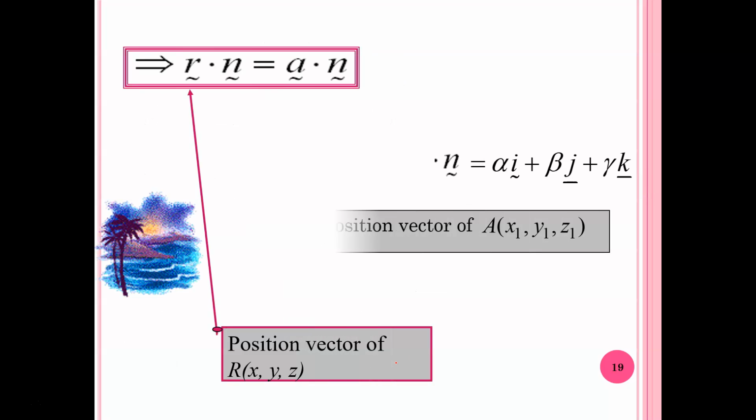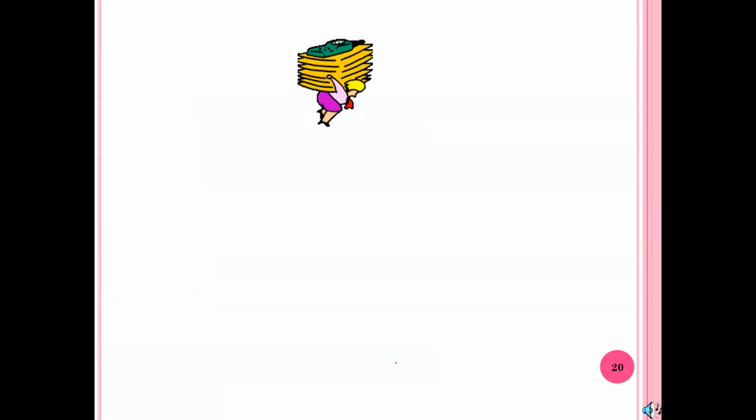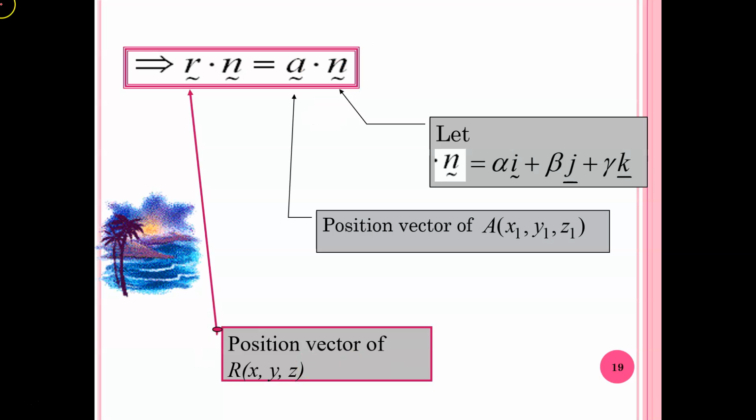Okay, let's see. You have like this. You have R, your position vector R, which is equal to X, Y, and Z. And then you dot product N. Your N is your normal just now, equal to A dot product N. So A is a position vector of A, and N is actually your normal vector.